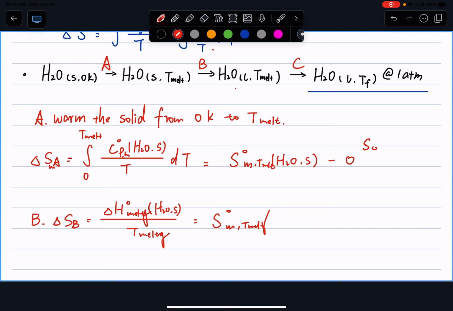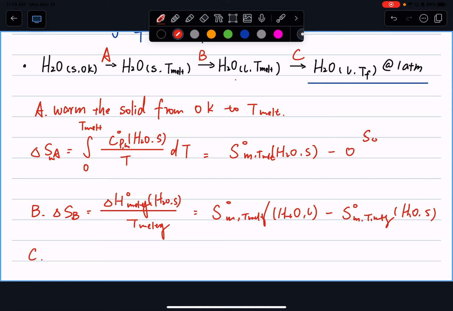So we have S naught molar T melting of H2O liquid minus S naught molar T melting of H2O solid. So two things, right? These are just by definition, the process of your final state and your initial state, and that's the integral we use to calculate that process.